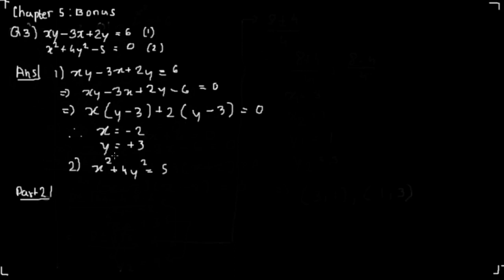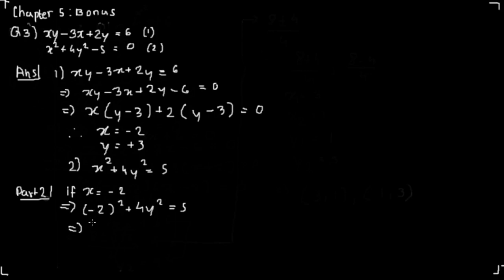Now from here, if x is equal to minus 2, then we're going to plug this in here, right? So minus 2 squared plus 4y squared is equal to 5.